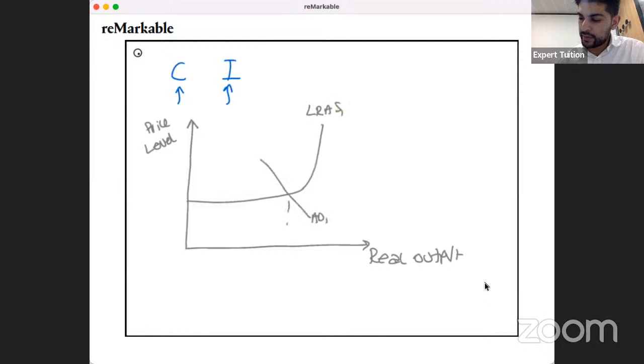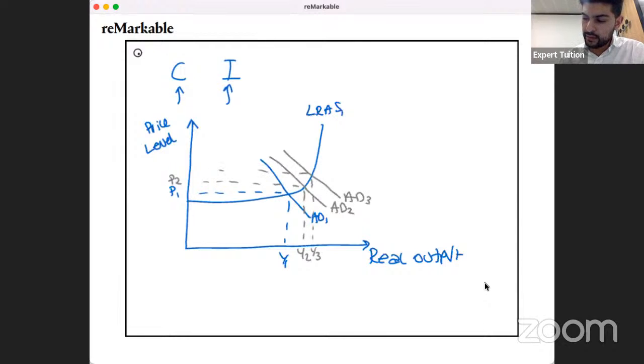Imagine initially this is aggregate demand, this is aggregate supply, so Y1, P1. The first shift is because consumption and investment went up, right? However, there's a second shift. Why? Because the second shift depicts the multiplier effect. That's a little thing that you could do to show the examiner that you know what you're doing.